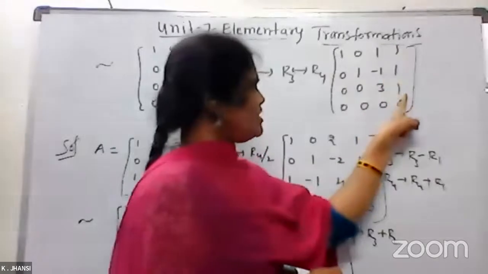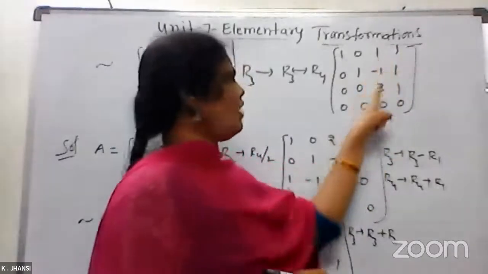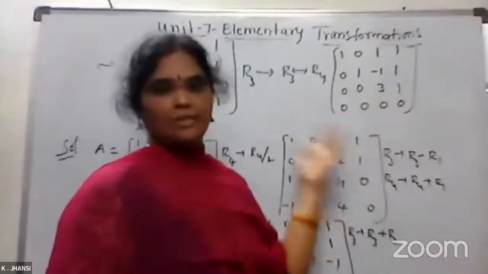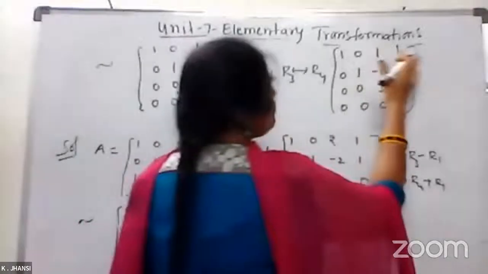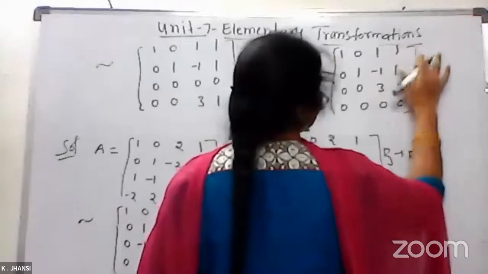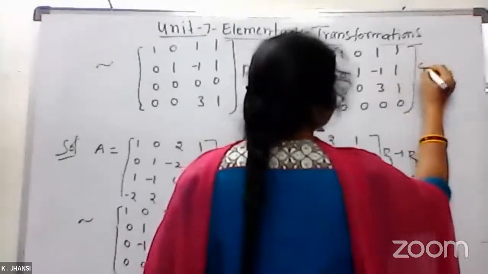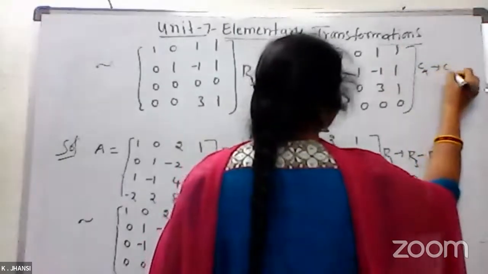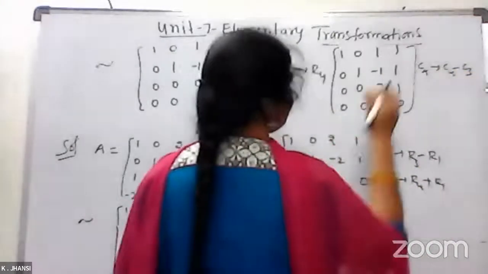Now this one should be 0, and here 0 0, and here you have to get 1 if it is a 3 by 3 matrix. So now, this is C4, no? You apply C4 minus C3.